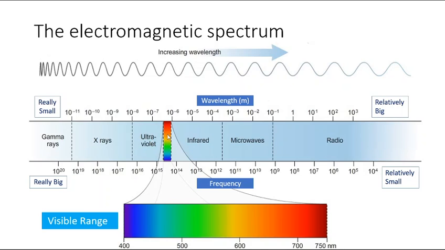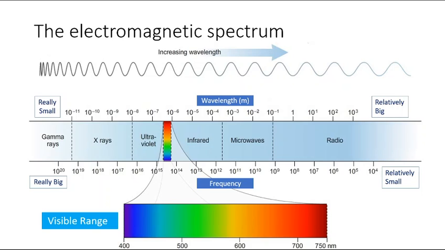And then the visible range is what we see. That's just how we see color. On the other side, the red side of your visible light, you're going to be looking at infrared. Infrared energy is typically associated with heat. Everybody gives off heat. Unless you're not giving off heat, that's not a good thing. You're probably dead. So infrared is associated with heat.